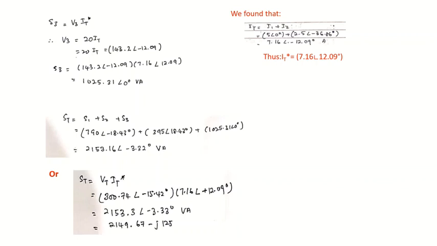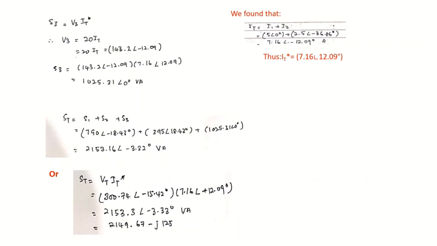So the total apparent power can be determined using two methods. The first one is by the summation of S1, S2 and S3. So you sum all these three apparent powers, which gives you the total apparent power at 2153.16 with minus 3.32 degree VA.